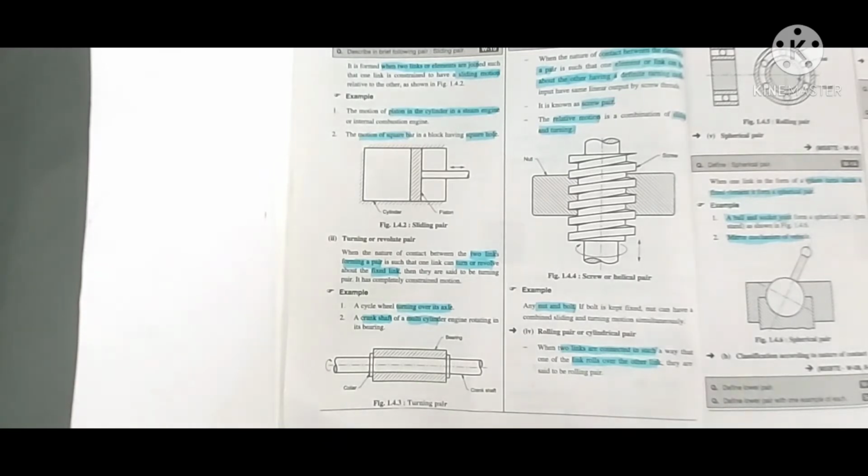Example, you can see a turning pair. There is a crankshaft, this collar and bearing, the bearing revolving over the crankshaft. Or another example, a cycle wheel turning over its axle. When you are cycling, the wheels are rotating on the axle.